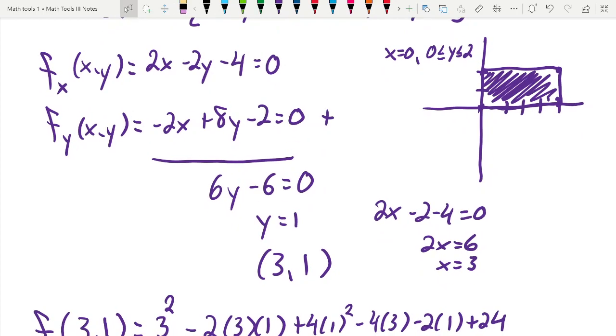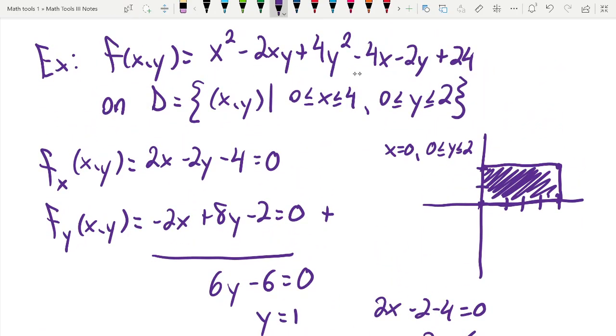Right? So if we let x be 0, then we can simplify this function a little bit. So we'll see what this function is when x is equal to 0, and then we'll just look at y between 0 and 2. Okay, so x equaling 0 looks like it's going to leave us with 4y squared minus 2y plus 24.